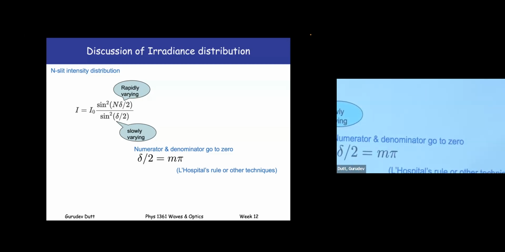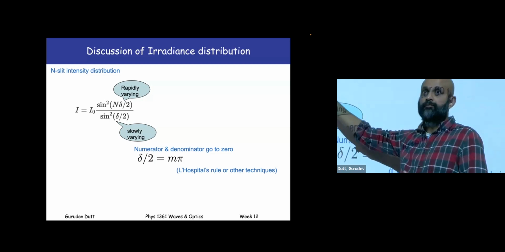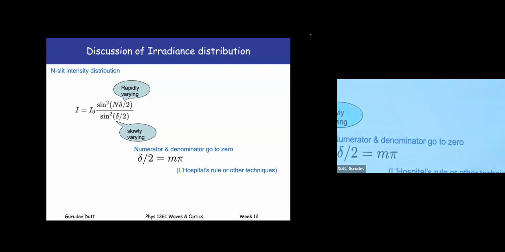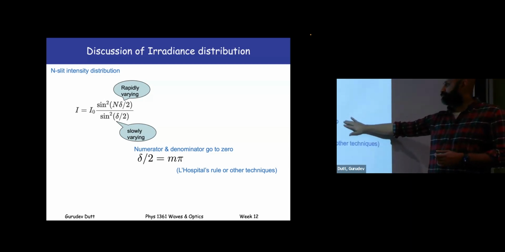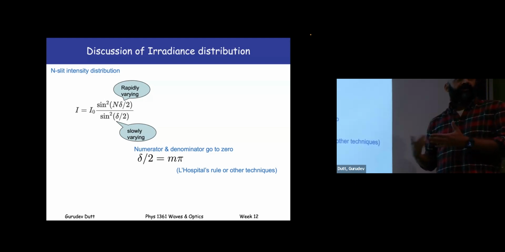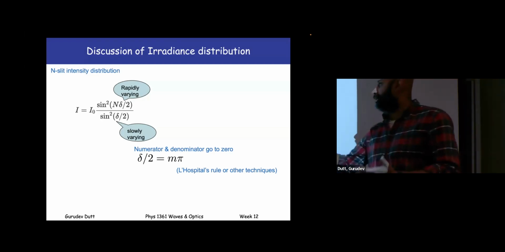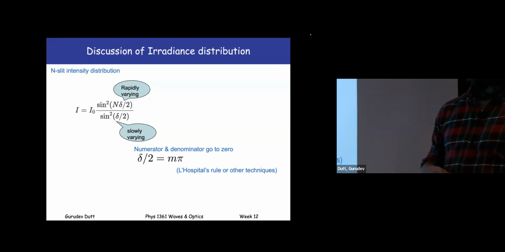So for n equal to 10, this delta over 2 is going to be much smaller. So this is almost going to be effectively just sine squared of 0, for some small value. Whereas the numerator might have some finite value. Okay. So we want to understand the situations where both of them go to 0, because that's where the numerator divided by the denominator becomes indeterminate. And we have to use some way of figuring out what the value of this function is.